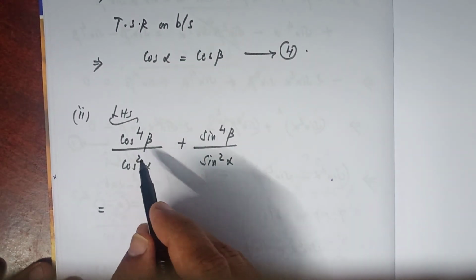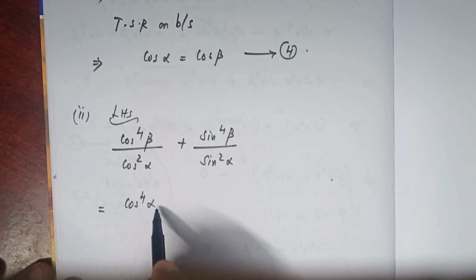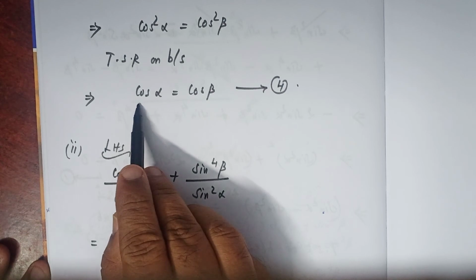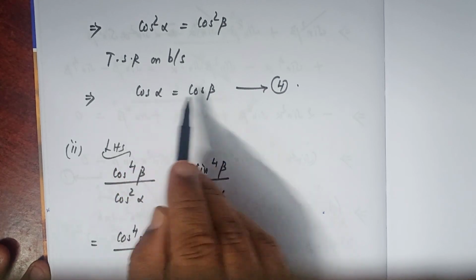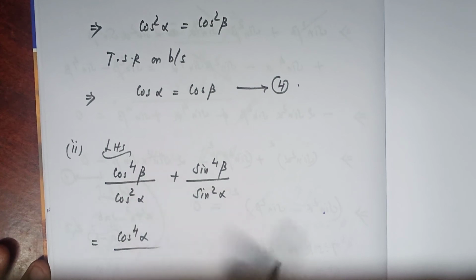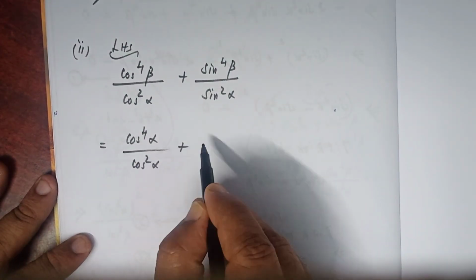Cos power 4 beta can be written as cos power 4 alpha because cos beta and cos alpha are same. We have proved, right? So beta can be replaced by alpha. Denominator cos square alpha, write as it is.